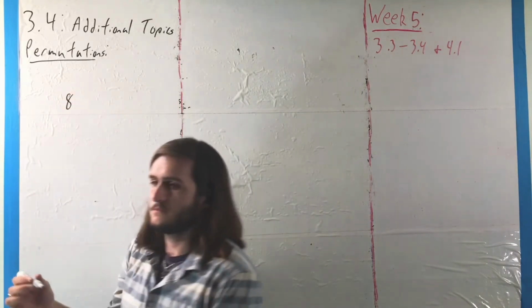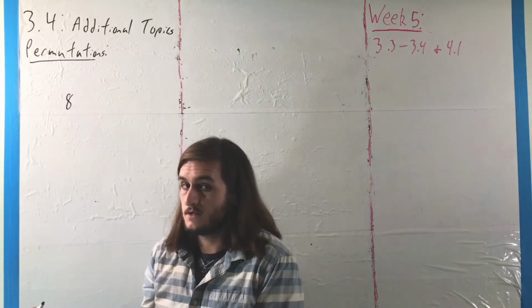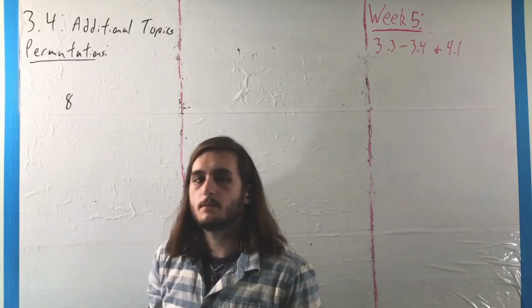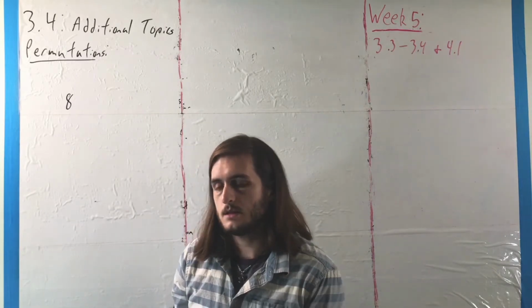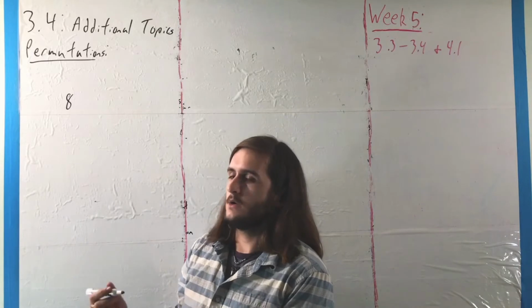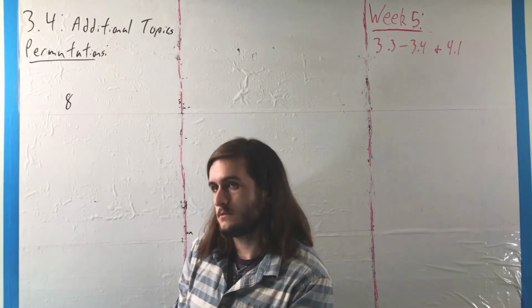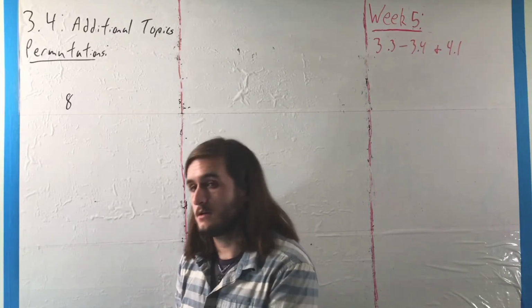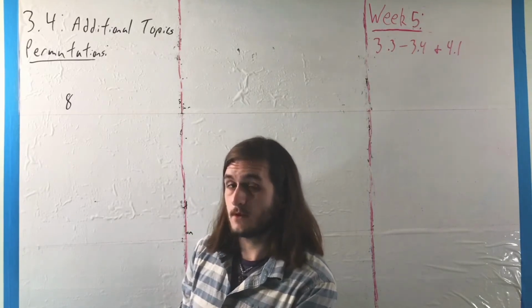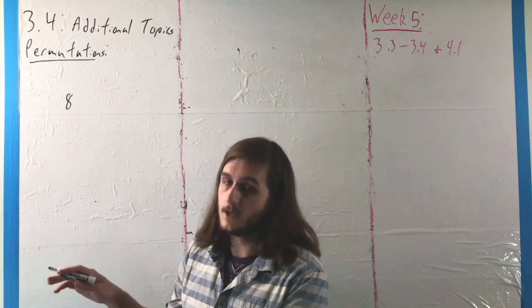Well, if you want to figure out who's going to come in first, you have 8 options, because you've got 8 runners. But let's say you want to make it more interesting for yourself. What about second? Well, if you want to find out who's going to come in second, they can't also come in first. So whoever came in first is out of the picture.